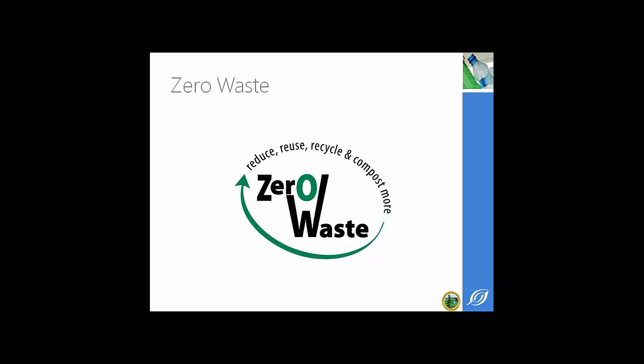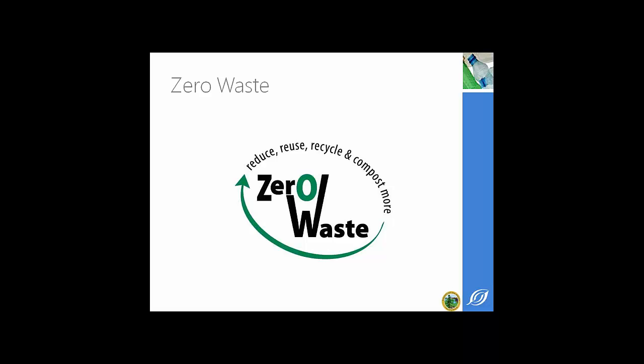It's a goal. Will we ever get to 100% zero waste? Probably not, but it really sets the bar for us to look at what's that threshold of acceptance. Where do we want to get to? Well, we really want to get to zero. We don't want to get to 50%. We don't want to get to 60%. We really want to shoot for zero. We want to keep making changes in our system and in our choices that we personally make to strive for that goal.